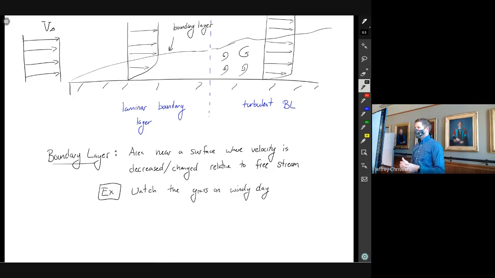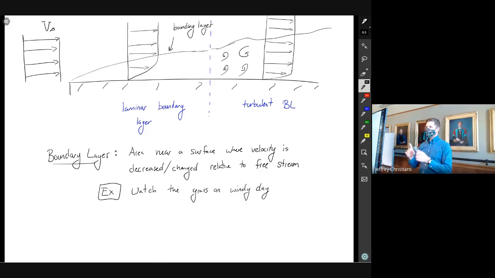We all live inside of the boundary layer for the wind. That's why if you go up above the trees and buildings, you get out of the boundary layer and all of a sudden the wind is stronger, because we were inside of this region where velocities changed. But that's a boundary layer. It's this area where we've felt the effects of the surface.